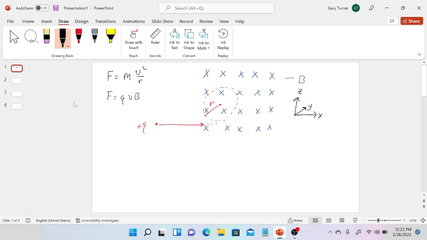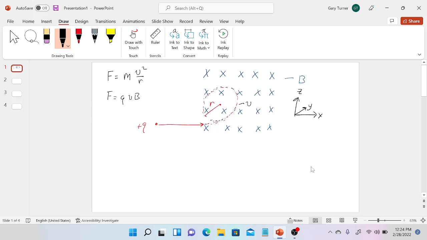So when a positive particle enters the field, it's going to feel an upward deflection, and the angle of the deflection is going to continually change as the direction of the velocity changes, but the magnitude of the velocity will never change. The direction will, but the magnitude will not.